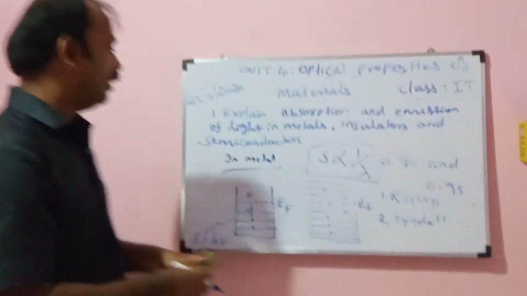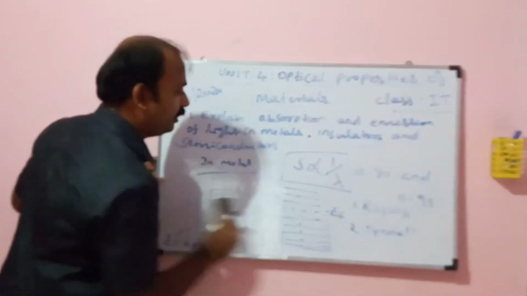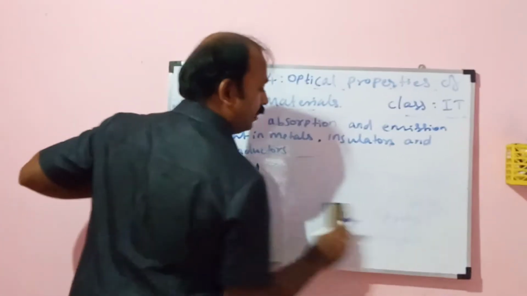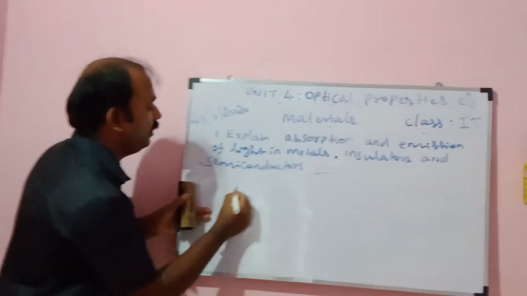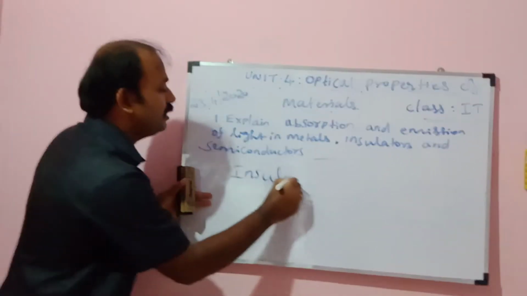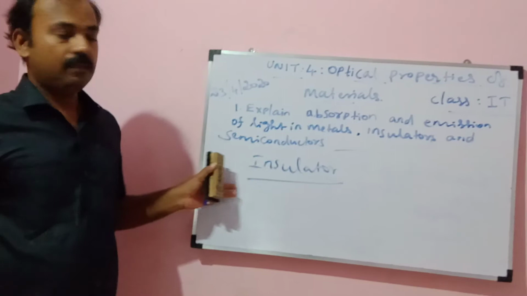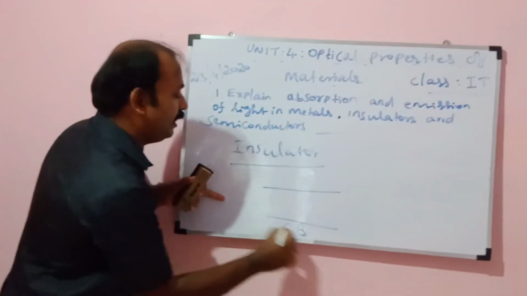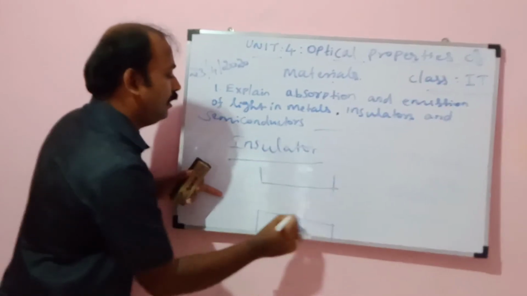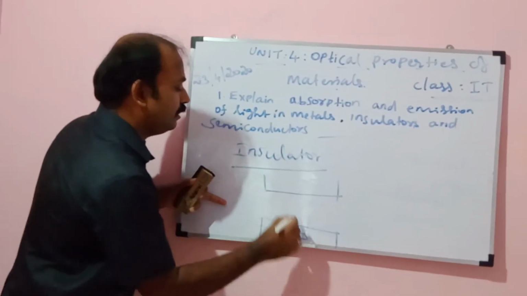Now we move to the insulator. In the case of an insulator, there is a definite energy gap between the valence band and the conduction band.